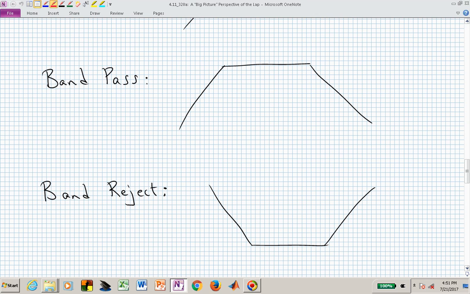And depending on how we want to shape this band reject, we might have something that's fairly flat at low frequencies and high frequencies, and then it throws away or tries to discard frequencies in this intermediate band between two other frequencies that might be indicated by these limits on our particular band reject filter.